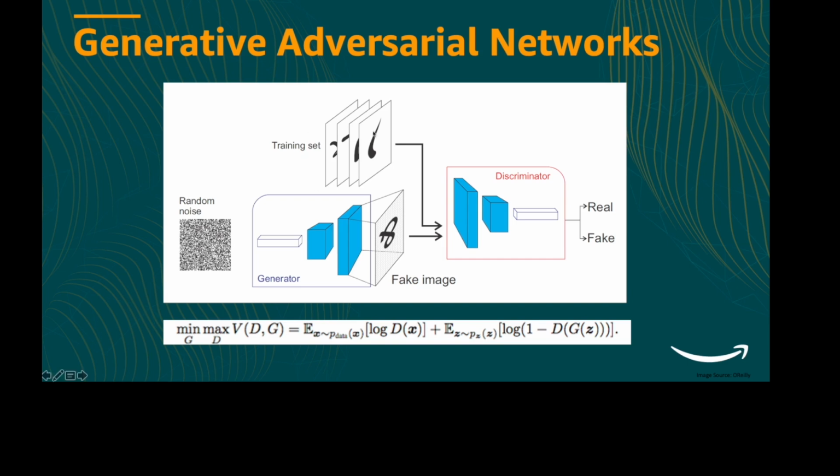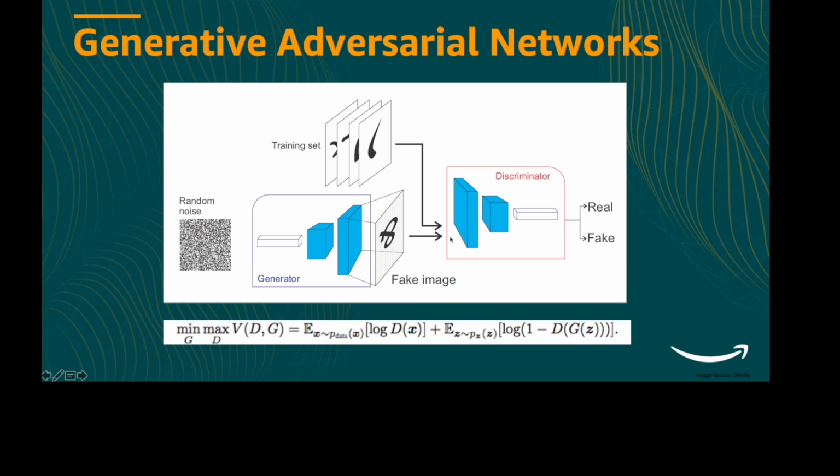In our case, we have some training set which has some images. Say we sample one of the images from the training set and pass it to the discriminator. If the discriminator is very good, it should be able to tell that it's a real image. Now let's say we have a generator network to which the input is some random noise, and the output will be some image from the generator.